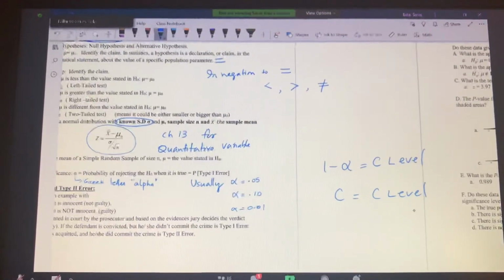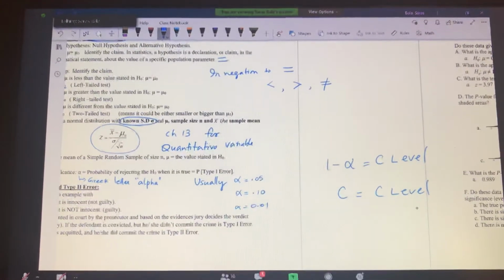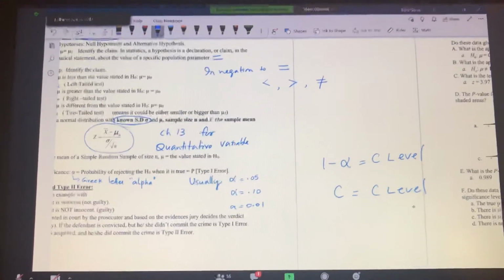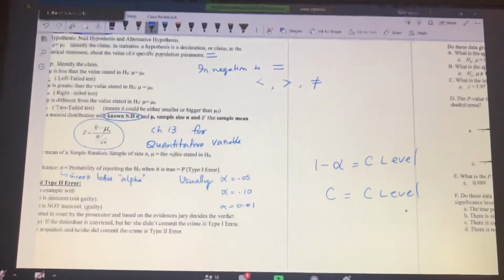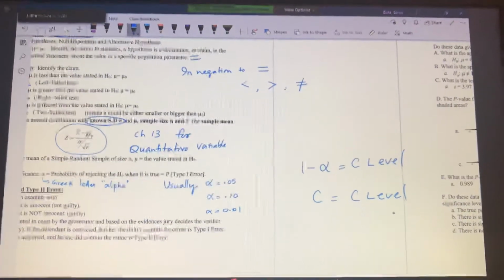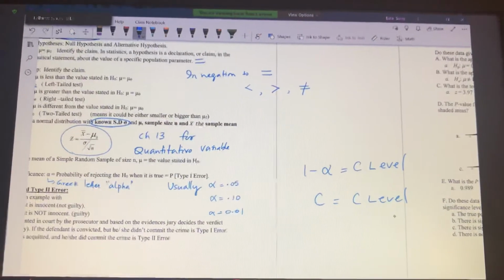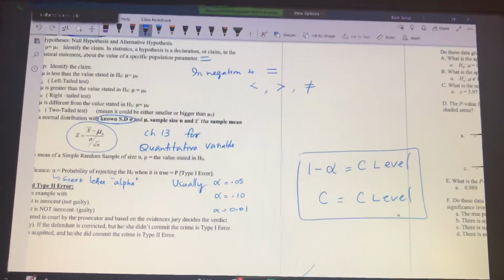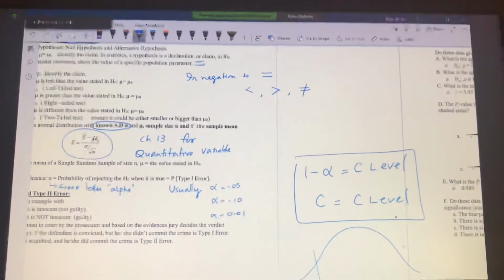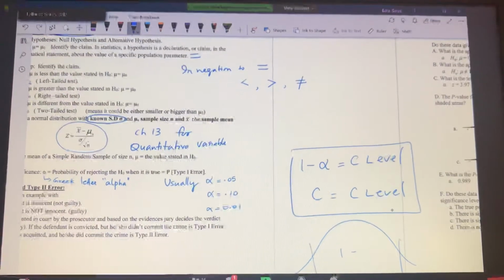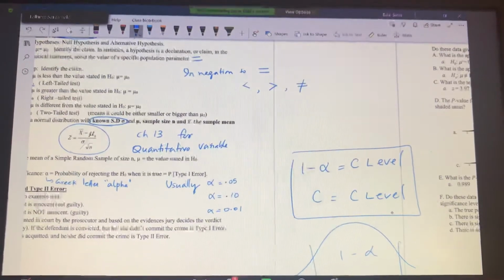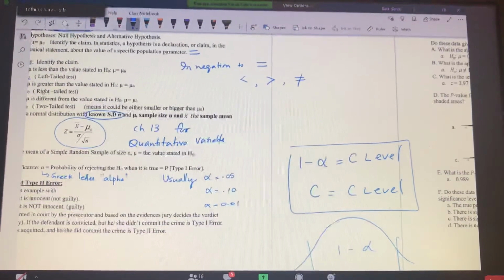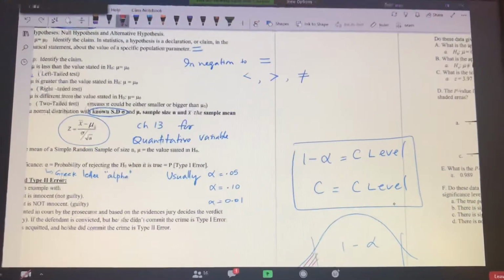Instead of 1 minus alpha, I used the letter C. The C stands for the confidence level. So according to TI, I use that as C level. So you can also use 1 minus alpha. So what I'm saying is, if it is going to be the 1 minus alpha confidence level, that's going to be your C level, and then this is what I'm calling my alpha.